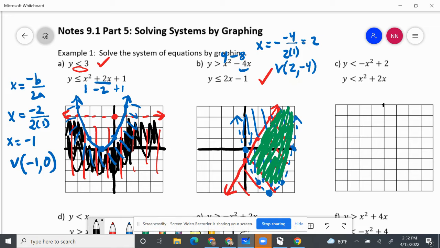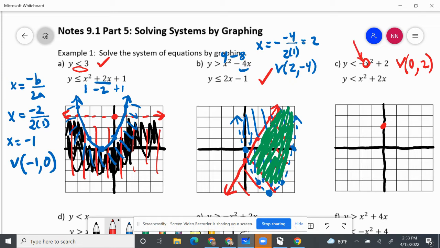Okay, looking at our next one, we see two quadratics. With the first one, no b value. That's really nice. It makes it easy because our vertex is at 0. If we plug in a 0, that would be a 2. So we have 0, 2. This one has an a value that's negative.